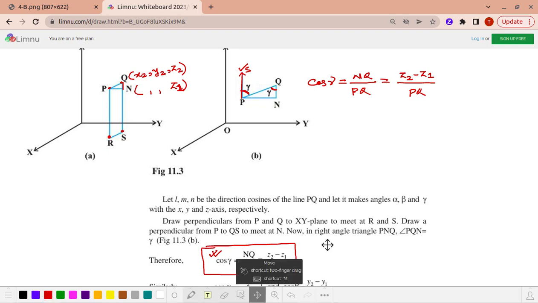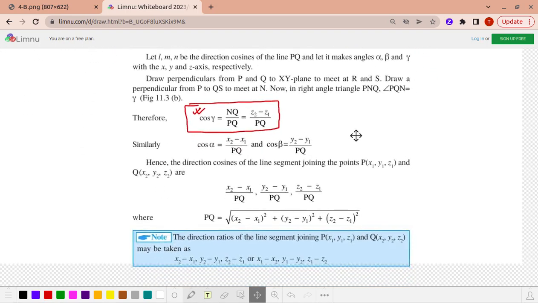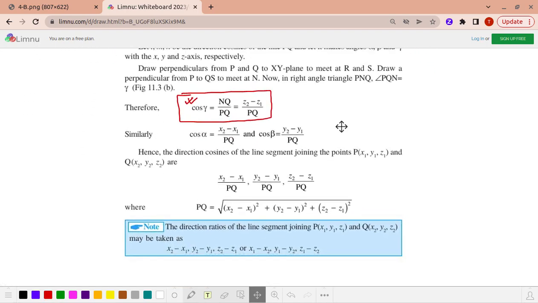Got it? Now dear students, in a similar manner we can find cos alpha as x2 minus x1 by PQ and cos beta as y2 minus y1 by PQ. Now the direction cosines are cos alpha, cos beta, cos gamma, which is x2 minus x1 by PQ, y2 minus y1 by PQ, and z2 minus z1 by PQ.